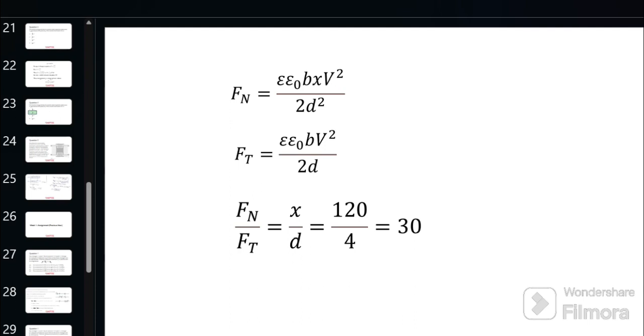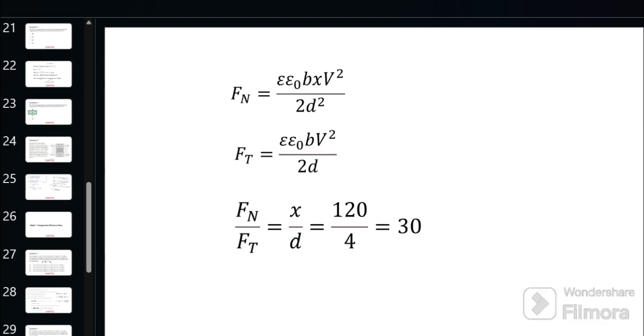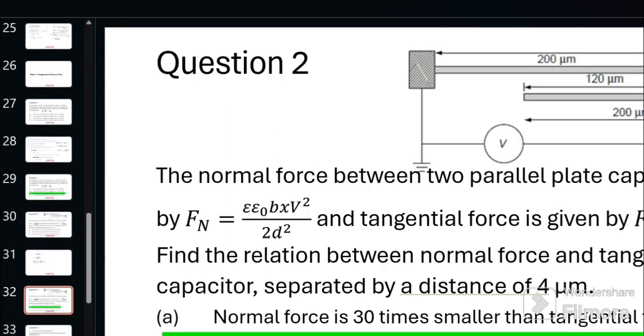As you can see from the previous figure, even though the length is 200 micrometer, the area of capacitance is only where they are parallel to each other, so that is 120 micrometer, and the gap between the two beams is just 4 micrometer. So from that you divide both, and what you have got is normal force is 30 times the tangential force.